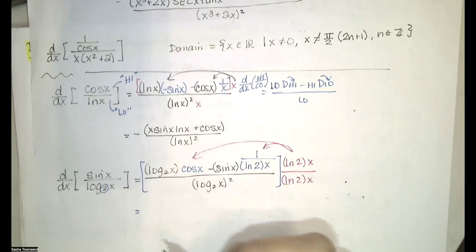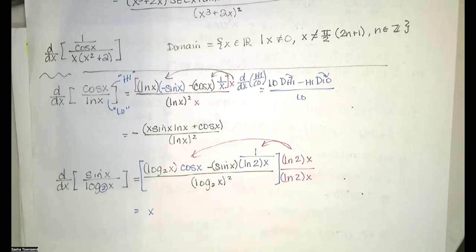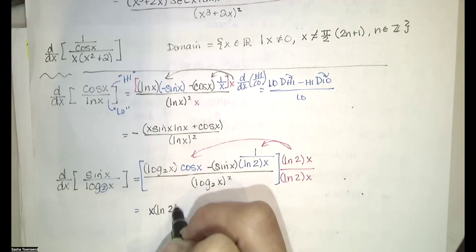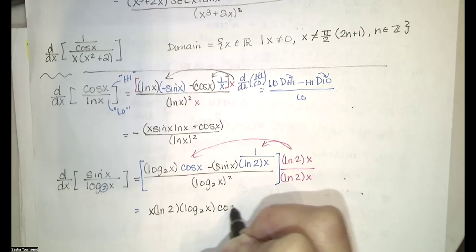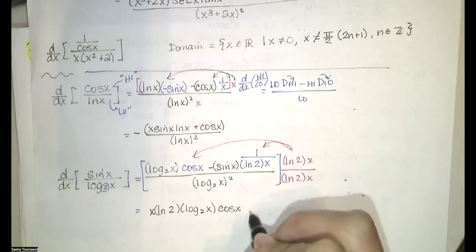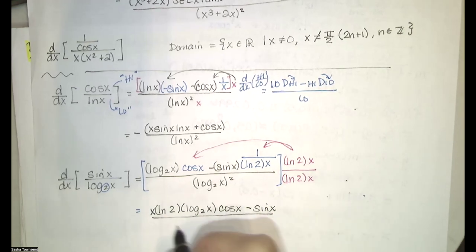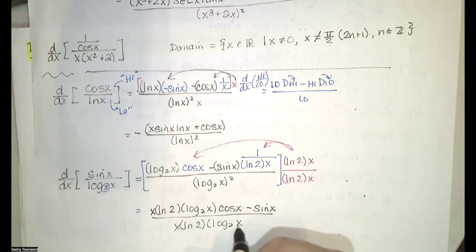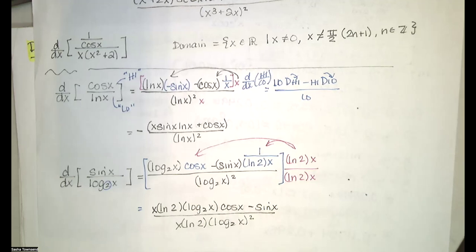And we end up with x times natural log of 2 times log base 2 of x times cosine of x. And then here, when we multiply this fraction times this, it's just a 1, so we're going to have a minus sine of x, all divided by x times natural log of 2 times log base 2 of x, quantity squared. And that's our answer. And again, this is a formula for the slope.